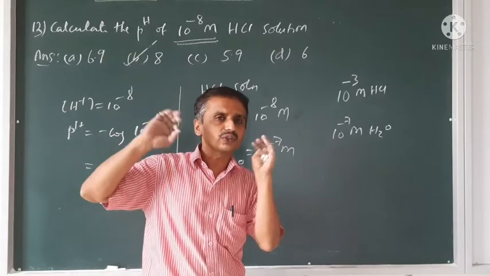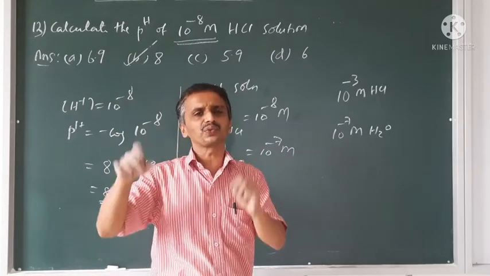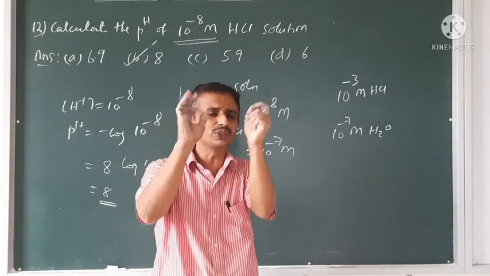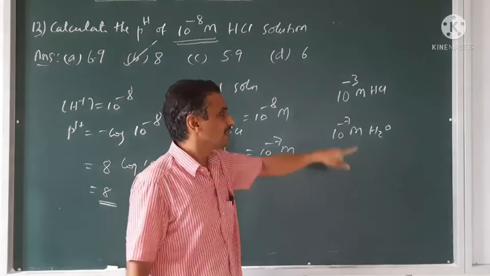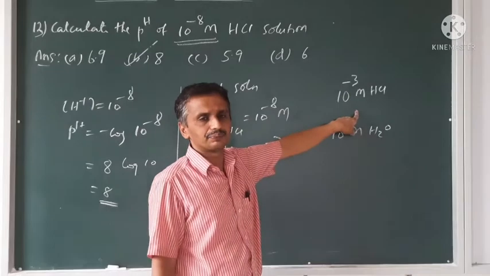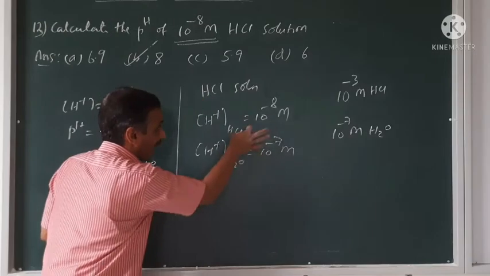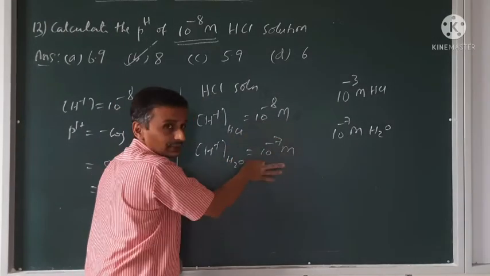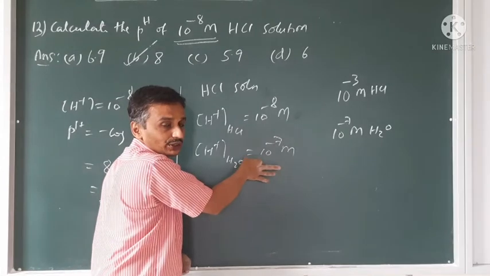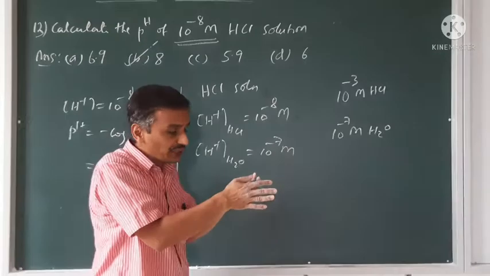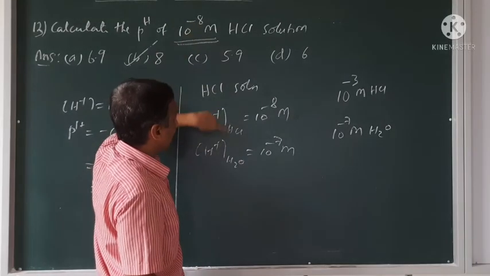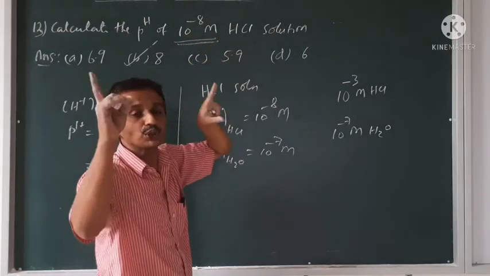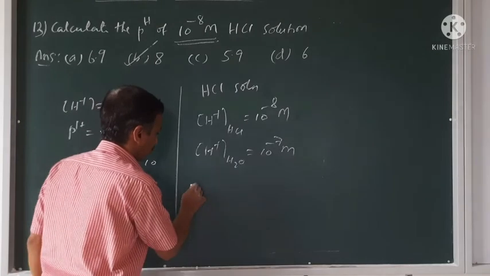Even if you take it, only a very minute difference will occur. That's why we are ignoring the H plus given by the water. But here, H plus ion concentrations are not differing to a large extent. H plus of the water and H plus of the acid both should be considered.